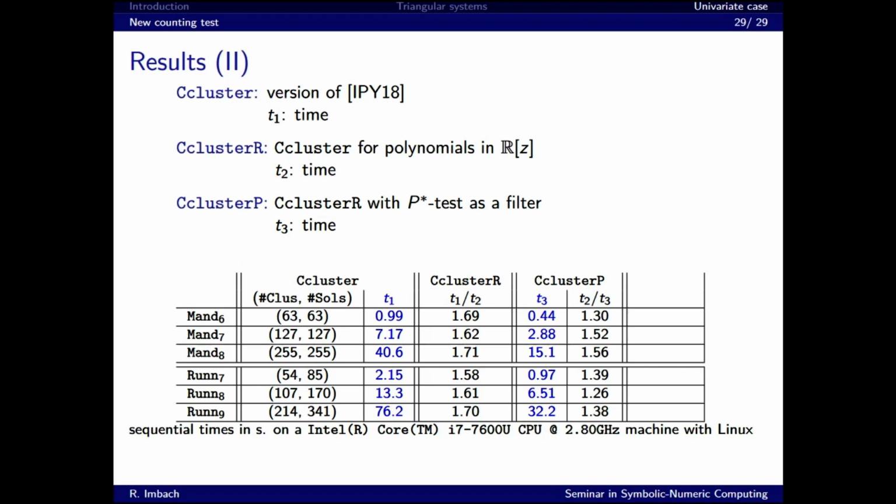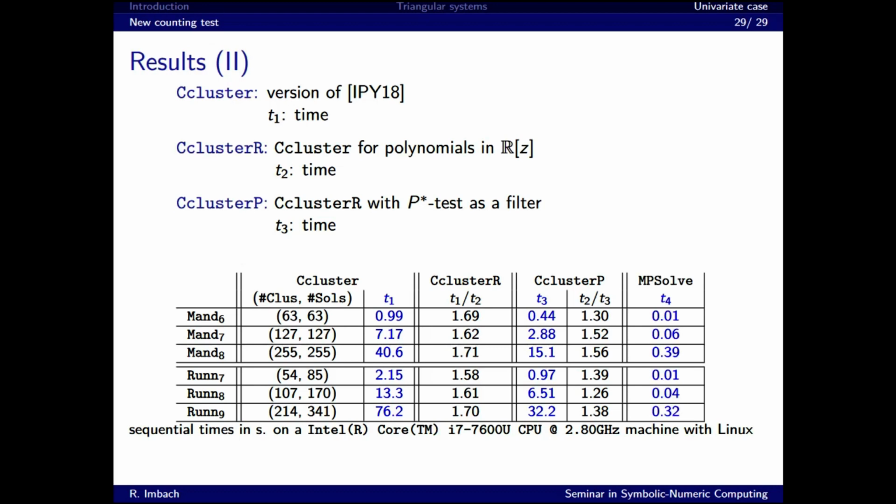And just before I finish, because I gave a lot of running times for the clustering algorithm and some improvement, just to put it in context, how do the other methods perform? I propose to give the running time of MPsolve, which also finds all the complex roots, but is based on simultaneous Newton iterations.